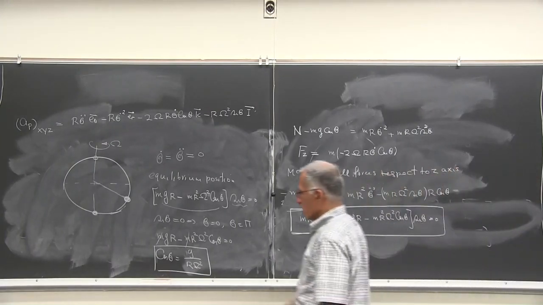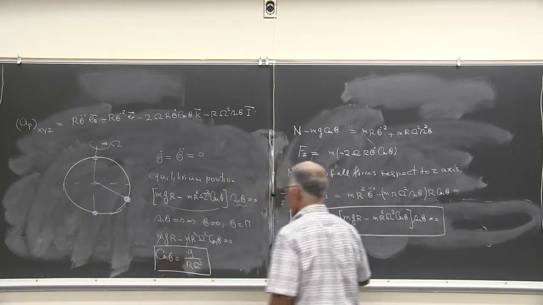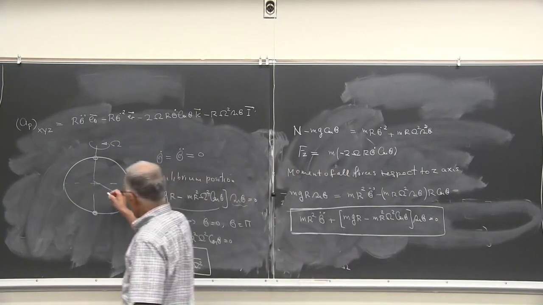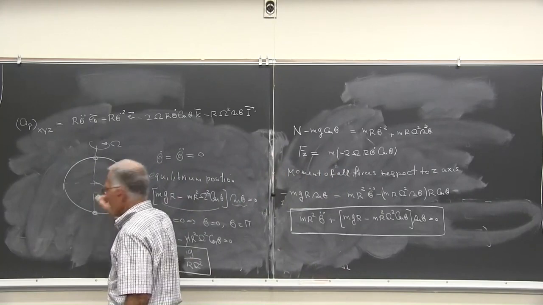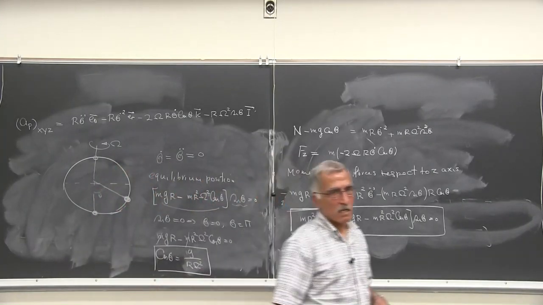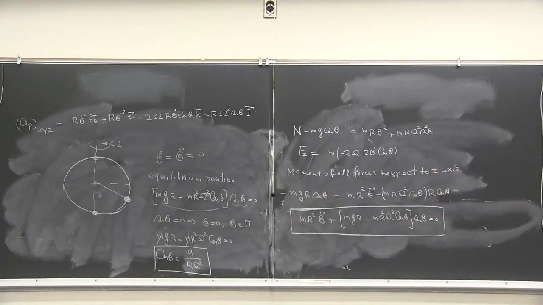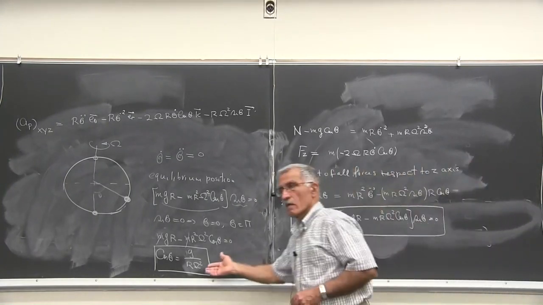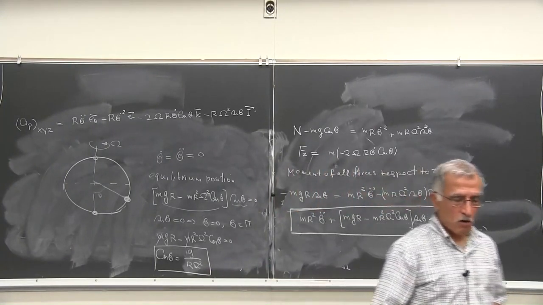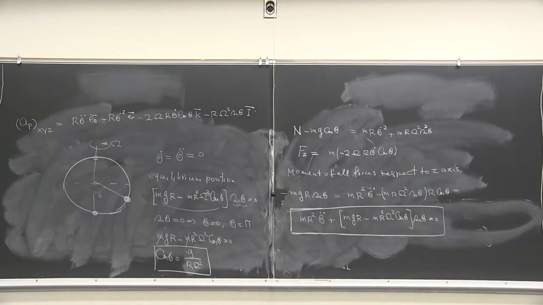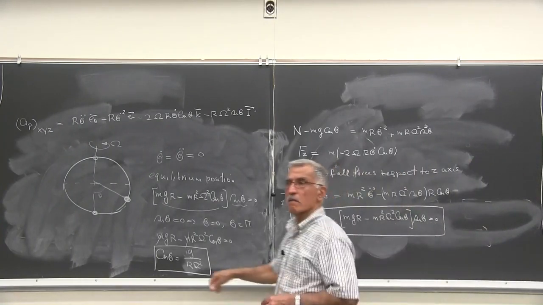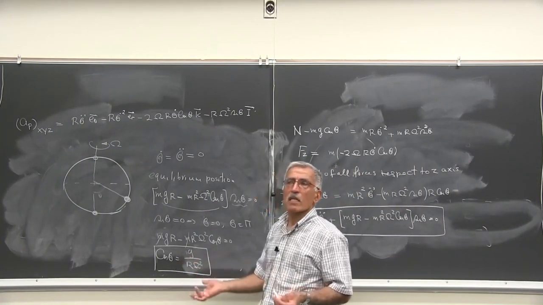In order for you to have some theta other than 90 degree, what must be your omega? In order to have this situation, your omega has to be a certain amount. So well, this number should be less than 1.